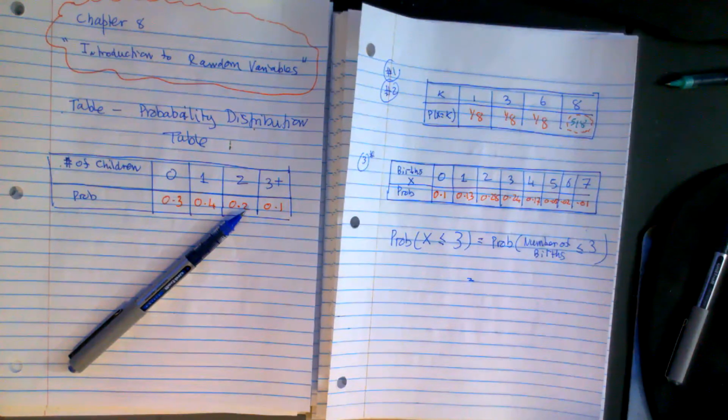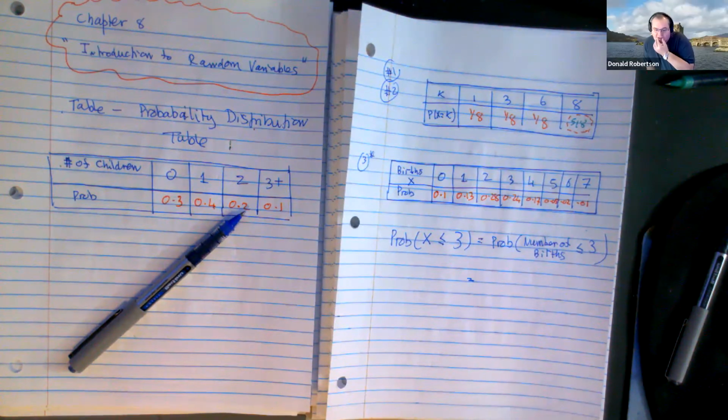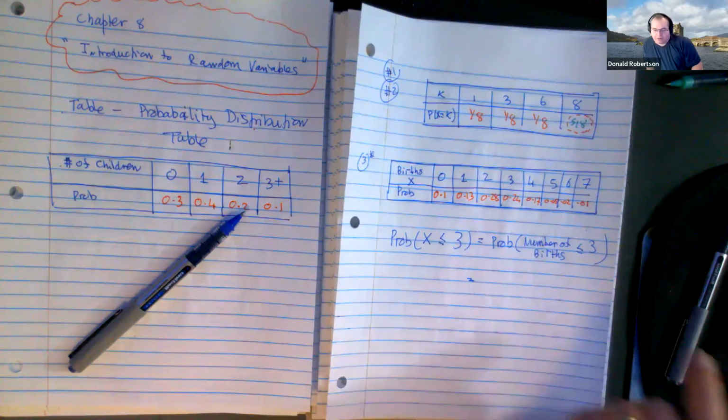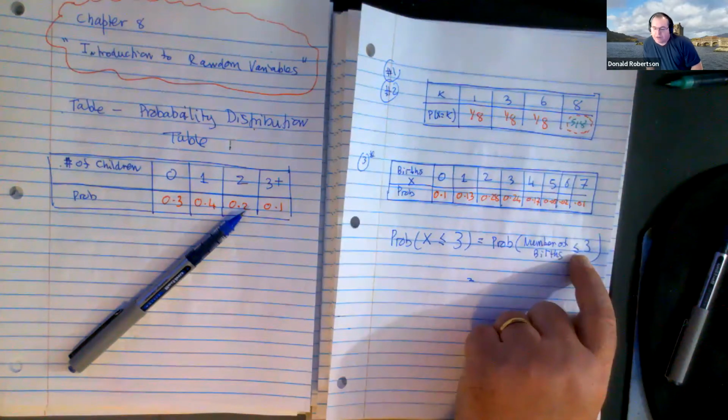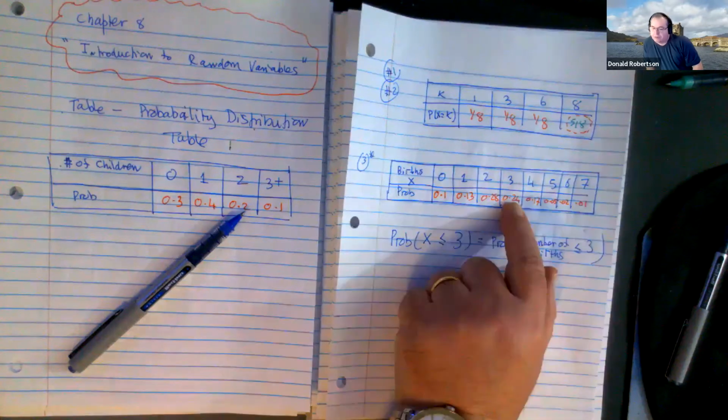1 minus 0.24. Oh, you're thinking like the at least carry on from the other questions? I see where you're coming from. Right, look at it a different way. If I say number of births less than or equal to 3, how many am I talking about? Am I talking about 3? Yeah. Am I talking about 2 as well?